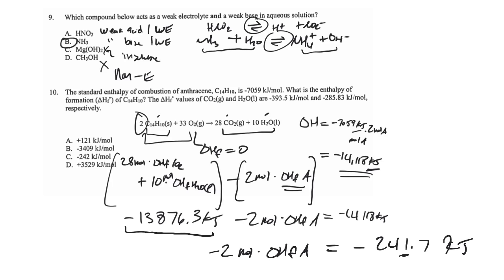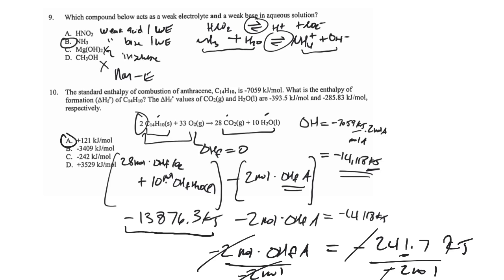So I need to divide both sides by minus 2 moles to get the delta HF of anthracene. So that works out to be plus 121.